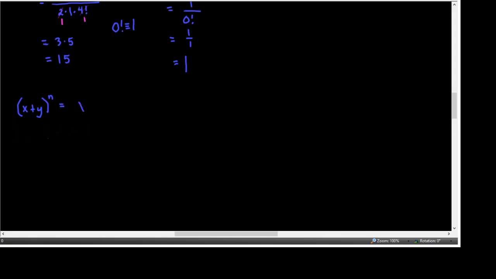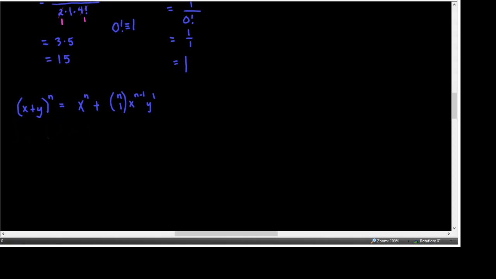The first one is x to the nth. The next one will be n choose 1, x to the n minus 1 times y to the first. And I probably should go back and explain that first term better.